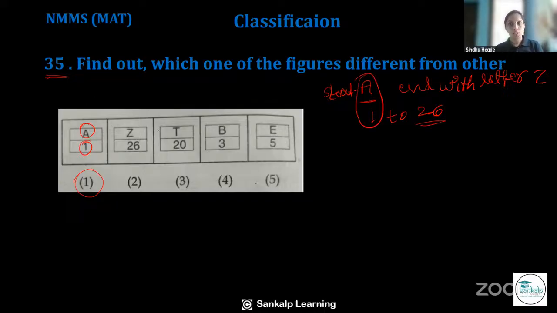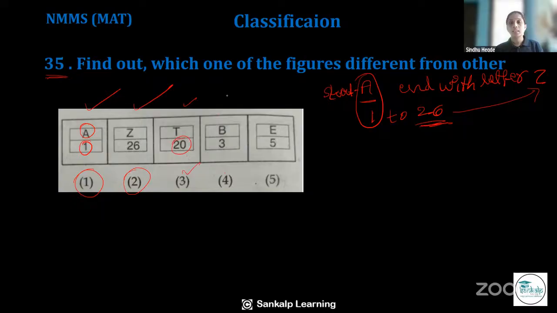So image 1 is correct. Then in the 26th place, that is last, Z comes. So figure 2 is also correctly placed with its order. Then the third one, T is 20. Yes, according to the alphabetical order, T comes in 20th place. So image 3 is also correct.